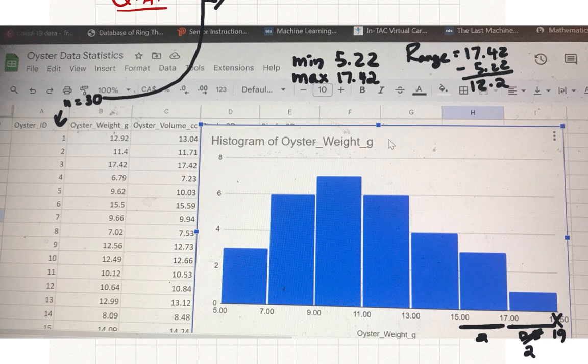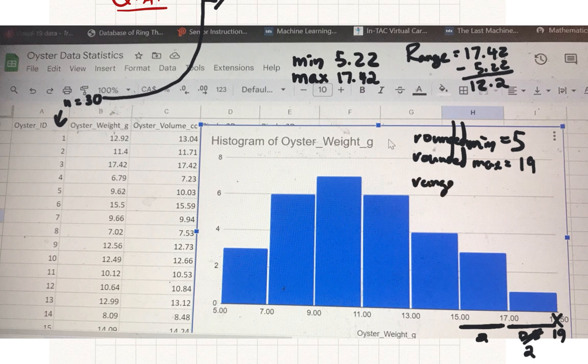So if we round our minimum down to 5, the rounded min, and rounded max, we'll go all the way up to 19 in this case, and I'll show you why I decided to do that. Then our new range is 19 minus 5, which is 14.